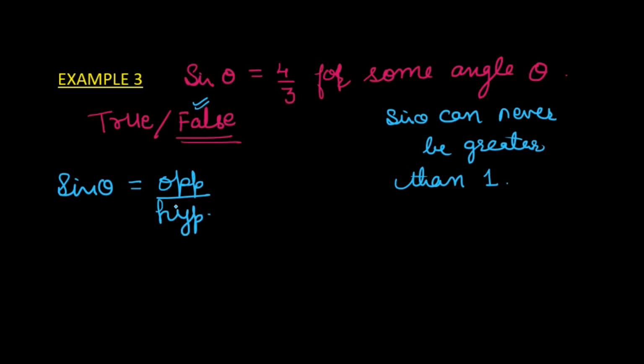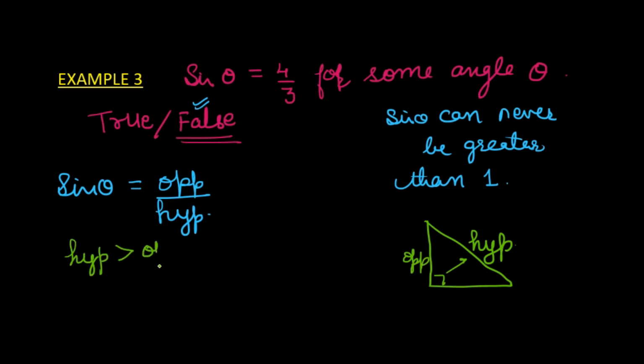We know that. And which is the longest side in a right angle triangle? Hypotenuse is the longest side. Correct? This means that hypotenuse will always be greater than the opposite.